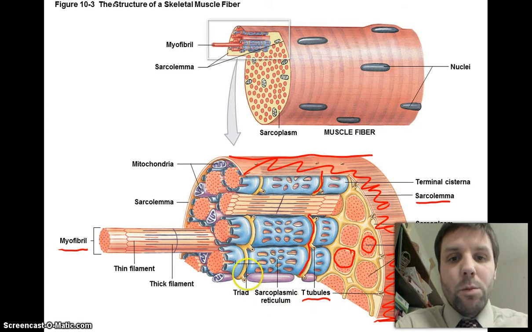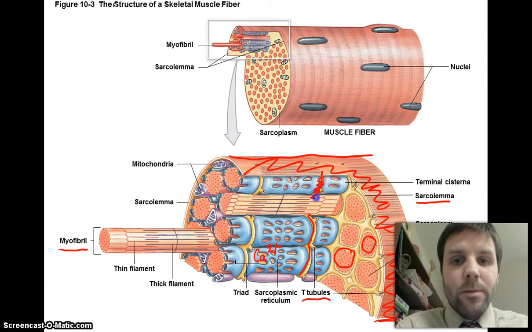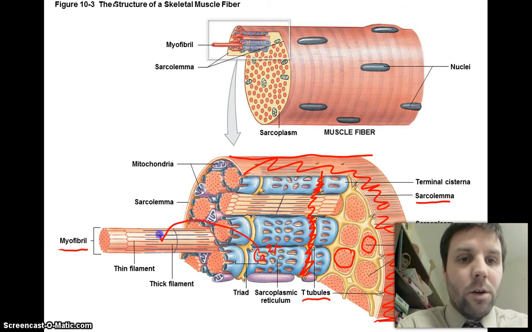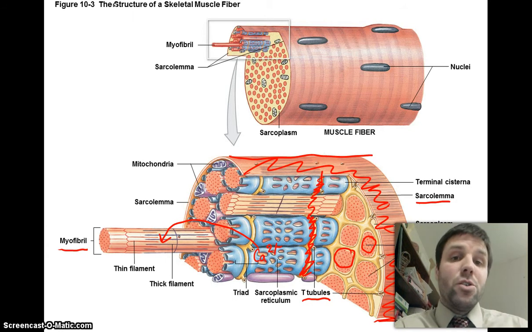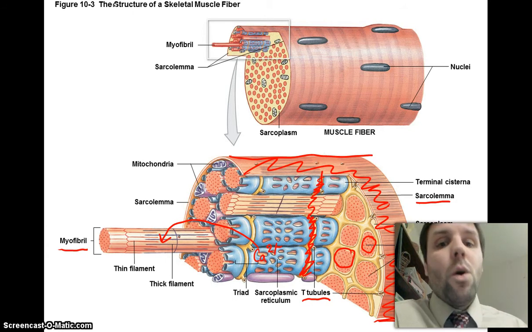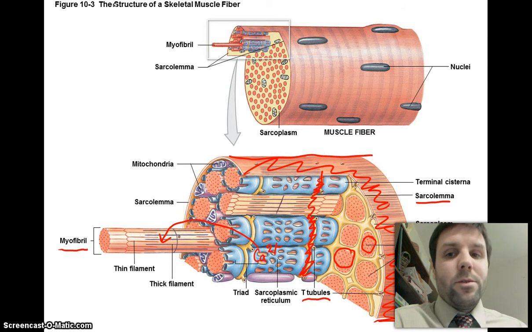You can see these groupings of sarcoplasmic reticulum. That's where all the Ca2+ is stored. Okay. All right. When that action potential gets passed inward, that's going to cause calcium ions to be released into our sarcomere. Okay, and we're not going to get too much into sarcomeres yet in this video. We'll have a whole separate video on those. All right.